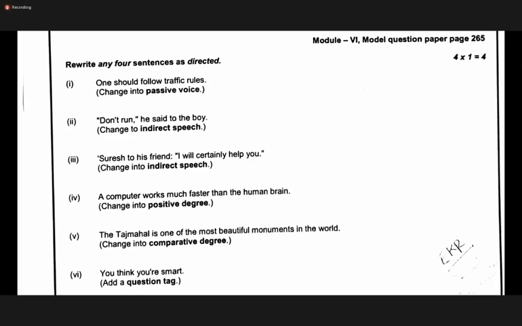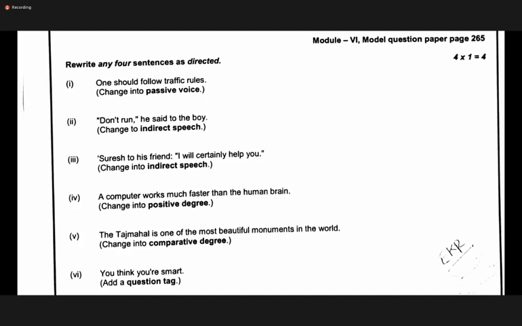Imperative sentences mean requests, orders, or a piece of advice. You can use a suitable reporting verb like advised, ordered, or requested, or if the tone is not clear, you can write asked also. Use any one of them here.